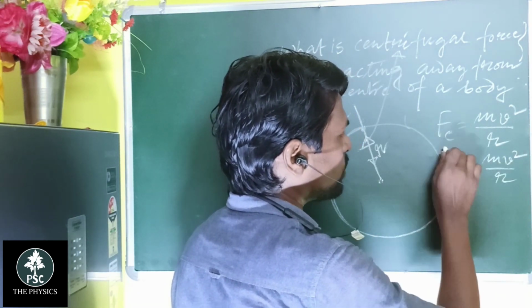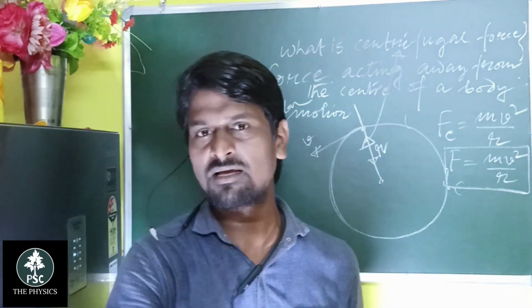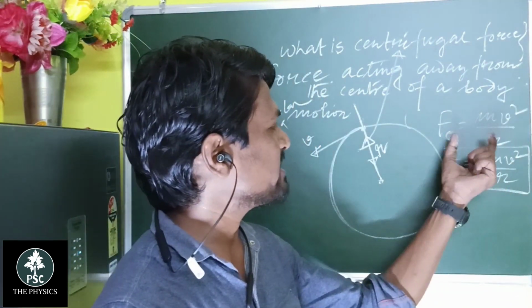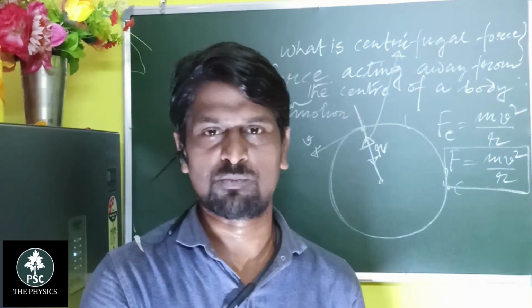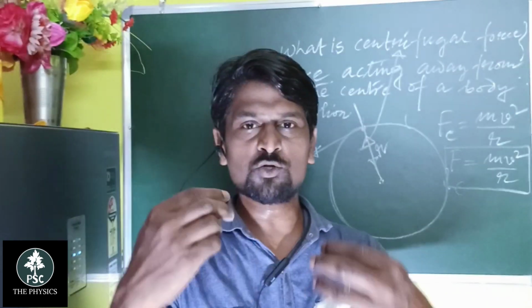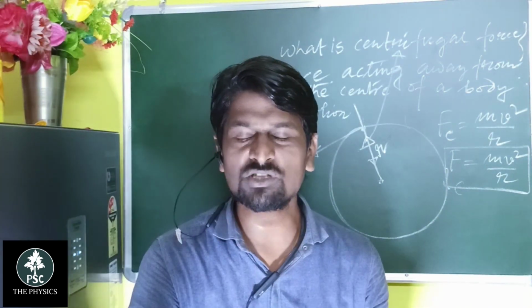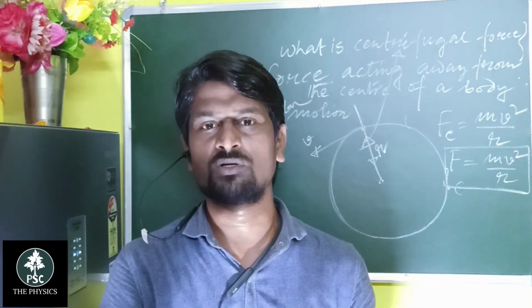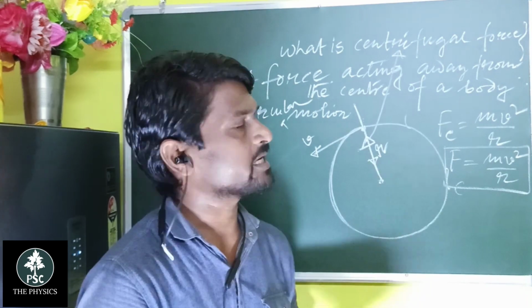If we want to calculate this force, then you have to take the centripetal force expression as the centrifugal expression. So what is centrifugal force? A force that comes into play, acting away from the center; a force acting towards the center is called centripetal, and which is away from the center is called centrifugal force.